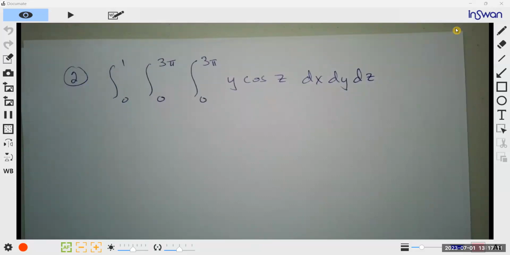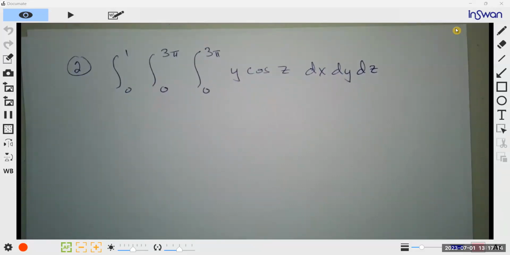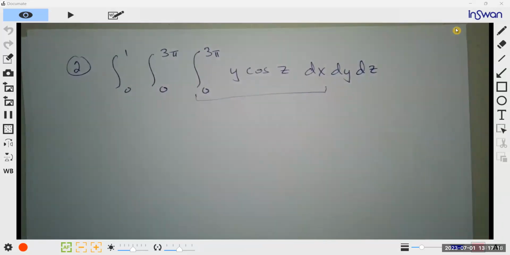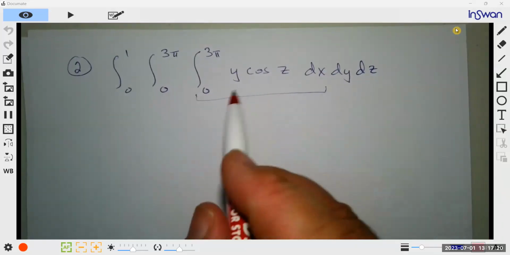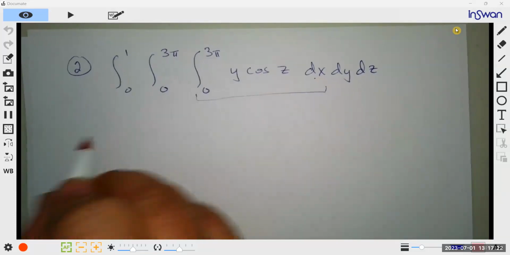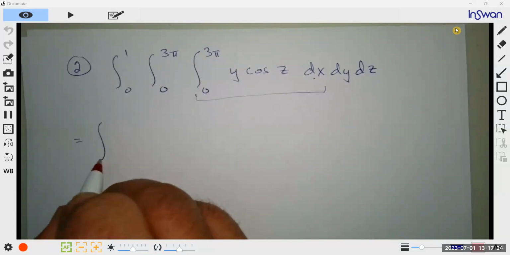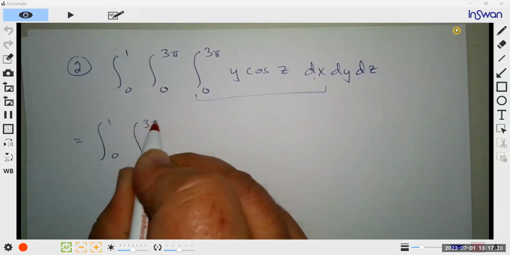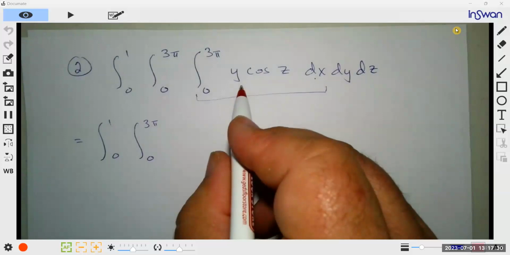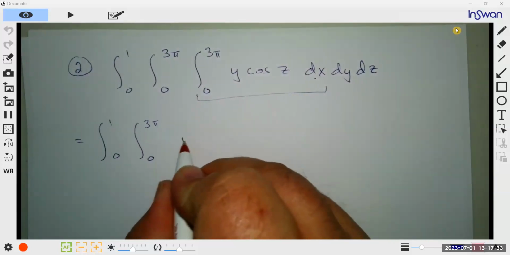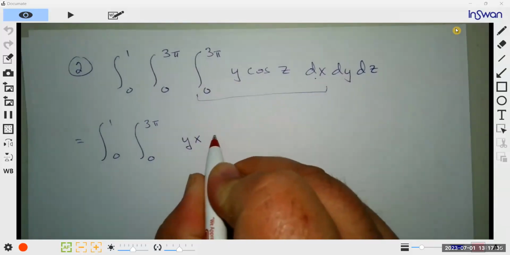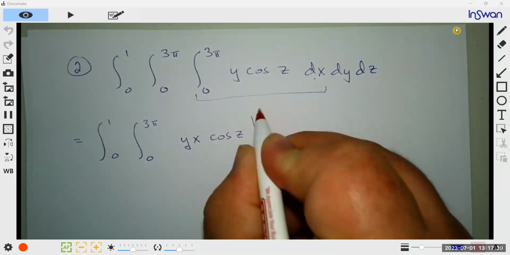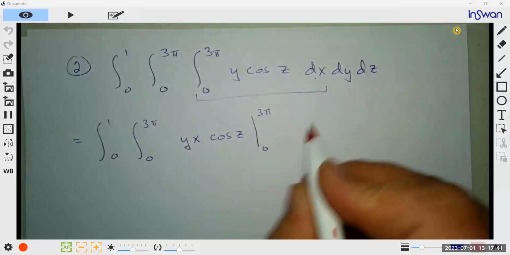Okay. The first bound of integration is with respect to x. So since there's no x there, we put a 1 there, from 0 to 3 pi.